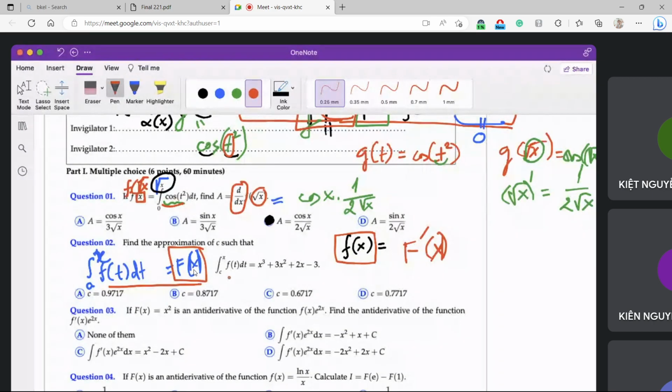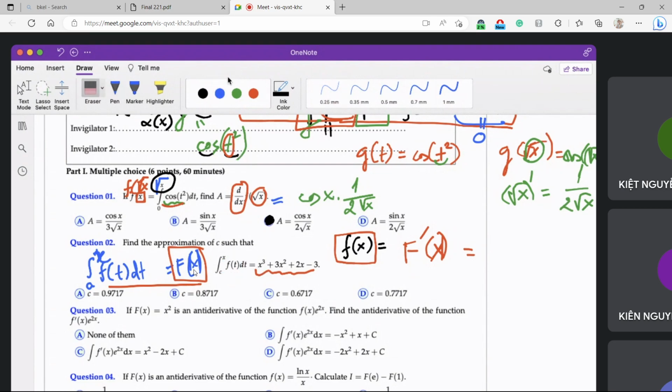Okay. So to find f of x, you have the derivative of this function. So can you tell me what is it? I mean that you have this function f, right?